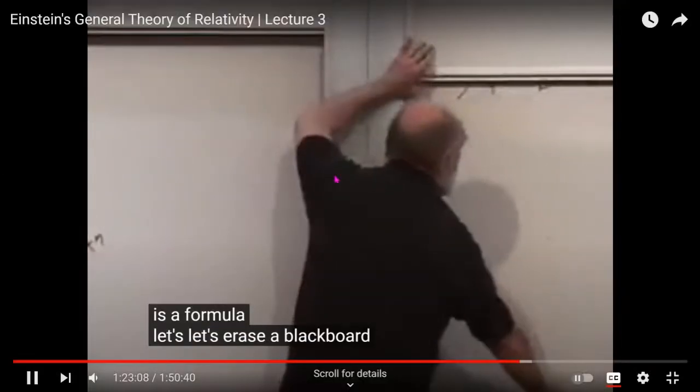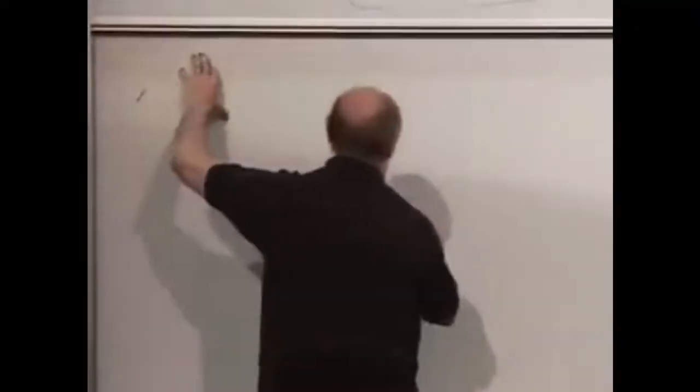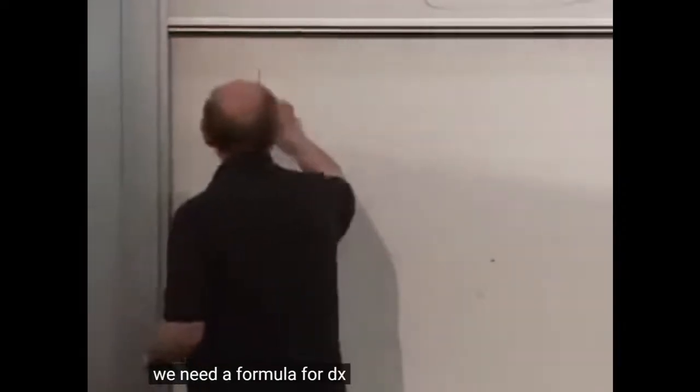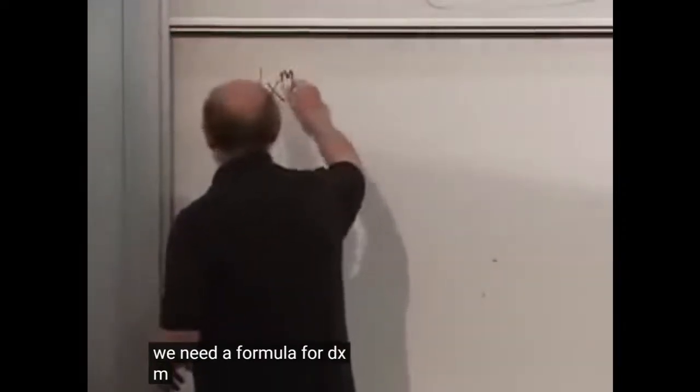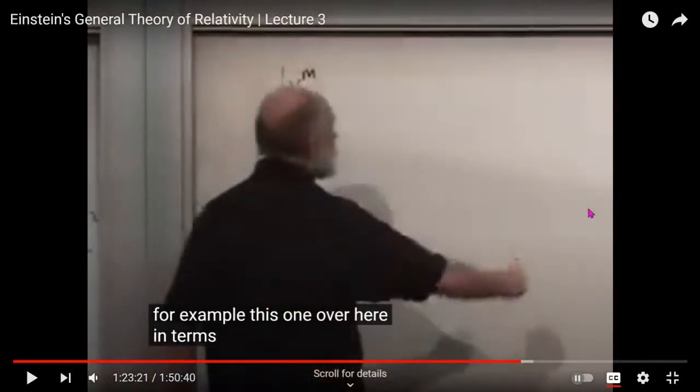Let's erase the blackboard here. We need a formula for dxm, for example, this one over here. Thank you, cameraman, for not showing us what he's pointing at. But I think it's the ds squared is equal to the sum of dxm squared.